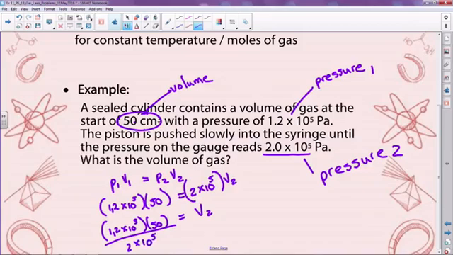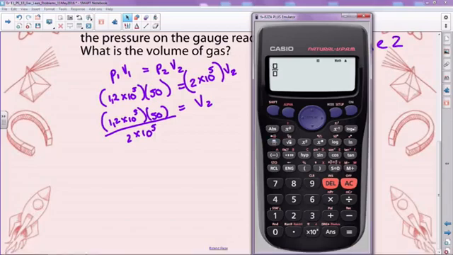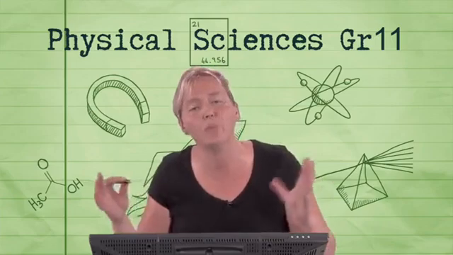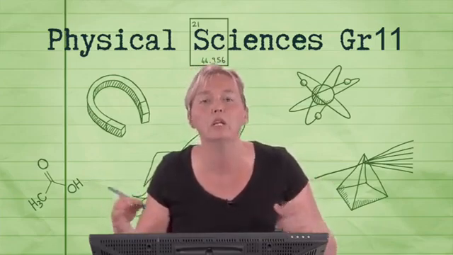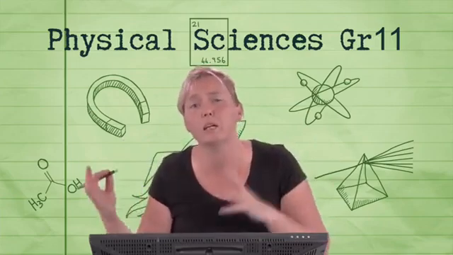So for that, I am going to need my calculator. So let's go and find the calculator. On the calculator, if you're using a Casio, I would suggest that you use this fraction function. If you aren't happy with the fraction function, just remember when you input your values, try and keep them in brackets, especially if you're going to be multiplying more than once or multiplying and dividing.